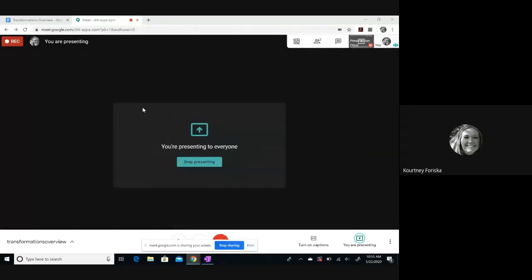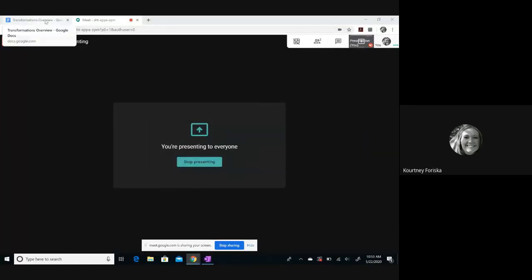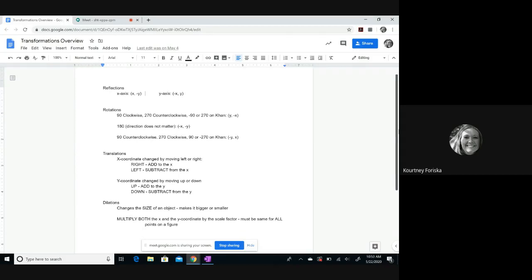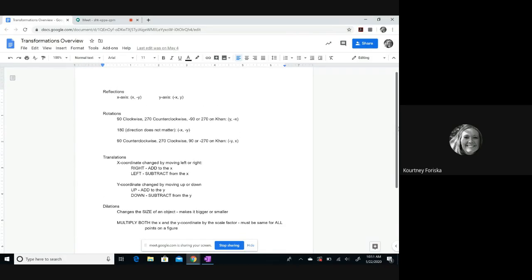So the first thing that I want you to look at is the transformations overview Google Doc that was shared with you. This is really, really nice because it puts together every single one of those transformations. So if you're asked to do a 90-degree counterclockwise rotation, here it is, 90 degrees counterclockwise.